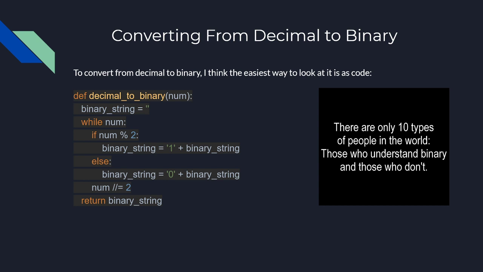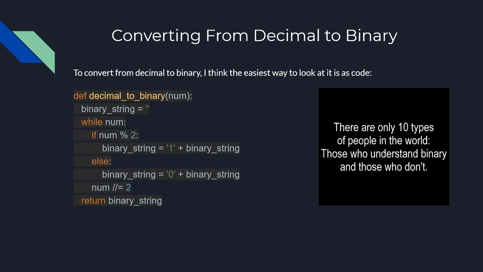So if number mod 2, what is that doing? What that's doing is saying if the lowest digit is equal to a 1, then we're going to stick a 1 onto the front of our binary string. And I'll explain why we're sticking it onto the front. And then if number mod 2 is equal to 0, then we stick a 0 onto the front.